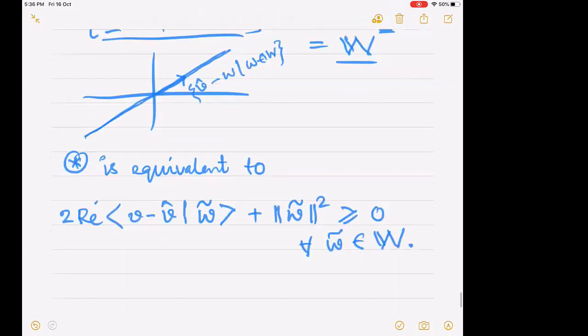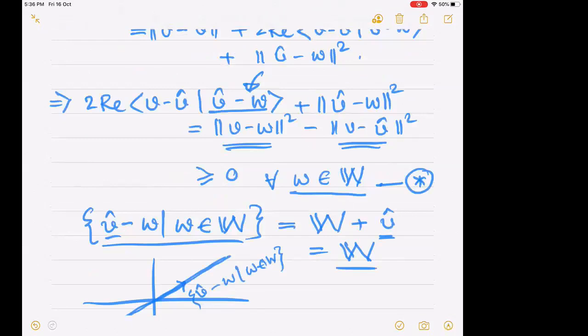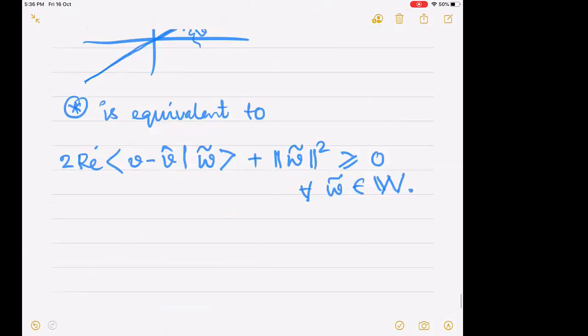This follows because in this inequality I was plugging in vectors of this form for all possible W, but that is the same as plugging in vectors from W. Those are the ones I'm calling W̃. And I have the same vector here. So plugging in vectors which are of the form V̂ − W, where W is all possible vectors from the subspace W, is the same as plugging in all possible arbitrary vectors W̃ from W. That's why the star inequality is the same as this inequality. We call this inequality, say, double star.